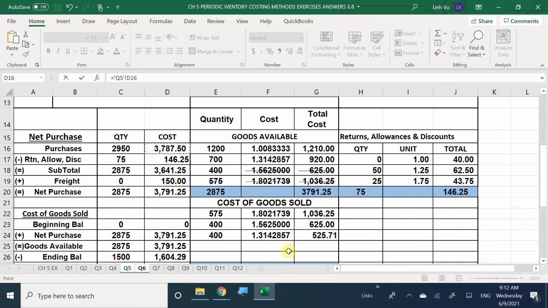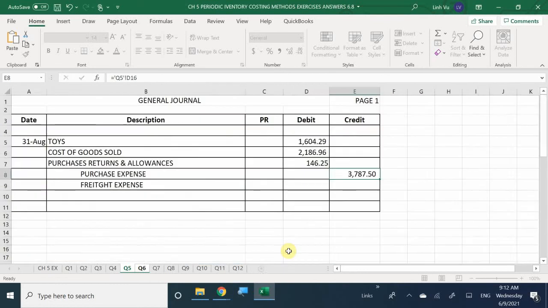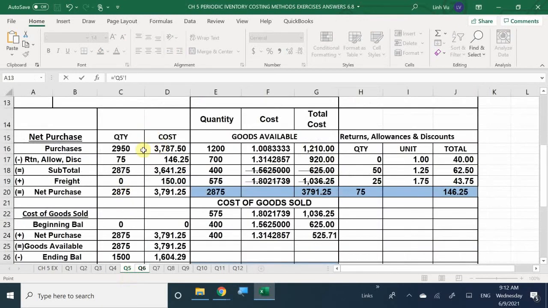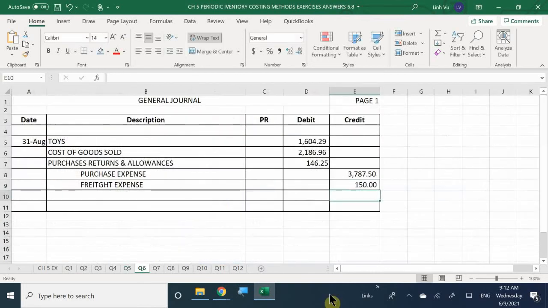The 3787.50. And what was my total freight? 150. Good.